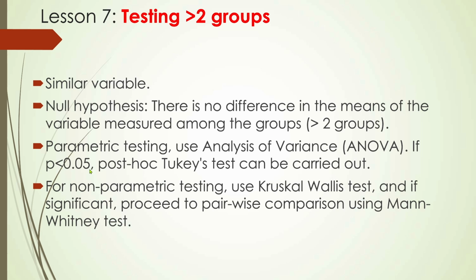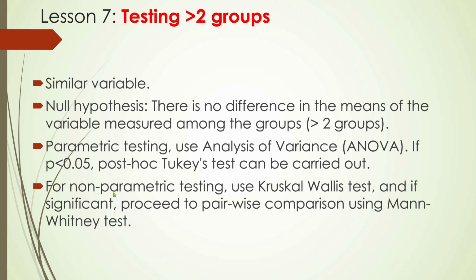If p is less than 0.05, you may proceed to Tukey's test or Tukey's HSD or Tukey's honestly significant difference, which is a pairwise comparison to show which groups among your data are significantly different.